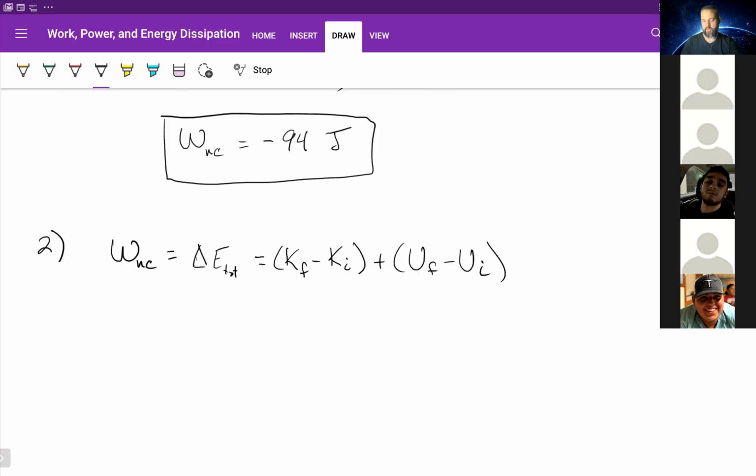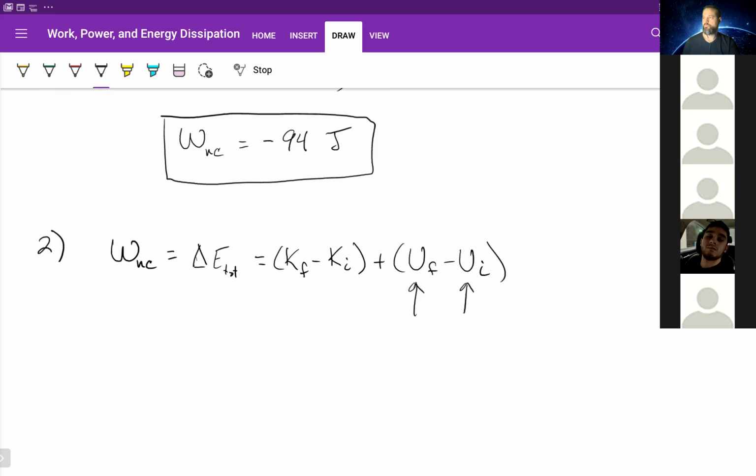So question, what values can we give those? Do we have potential energy in this situation? No, because it's only moving towards the sides, not vertical.